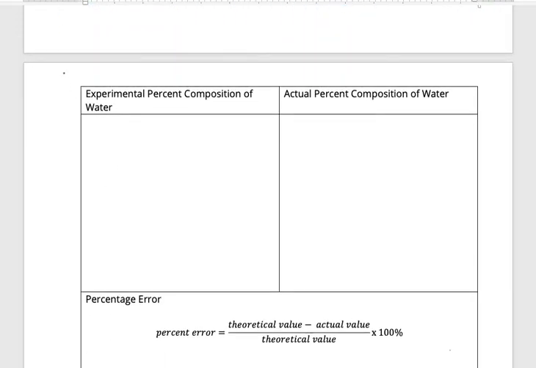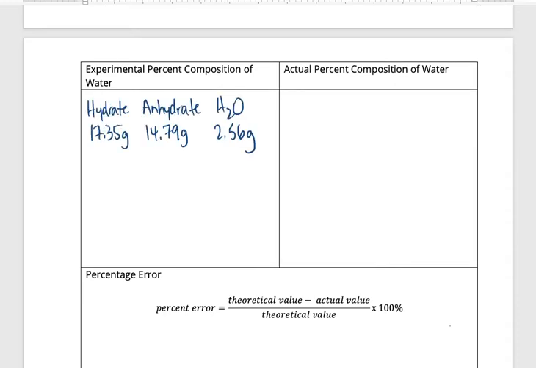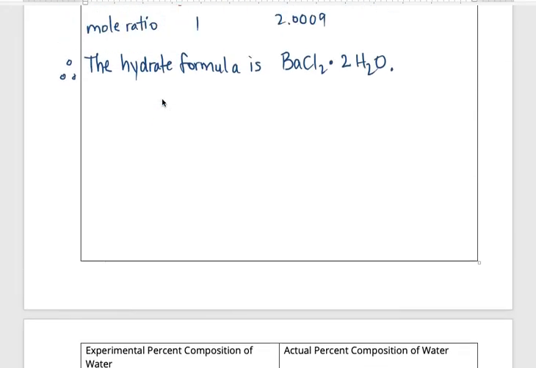So we found experimentally that we had a mass of 2.56 grams of water. In the previous part of the lab, we applied what we were learning with the empirical formula method, where we're trying to find the ratio of elements to other elements. But in our case, it was how many barium chlorides to how many waters.